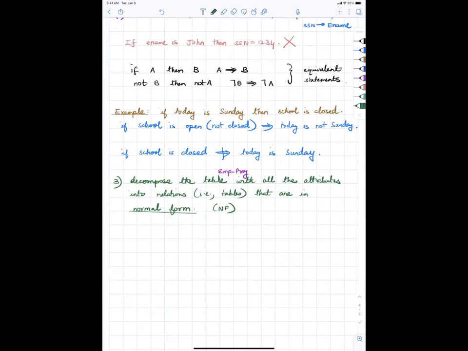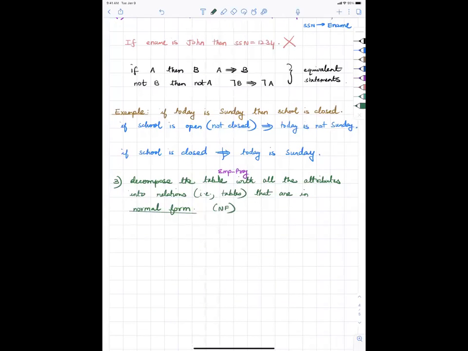So you are dividing the table into tables that are in normal form. And if you divide your tables into normal form tables, then you will never get the anomalies that I showed you earlier: the insert, delete, update, and the join, getting wrong data. You won't get that.